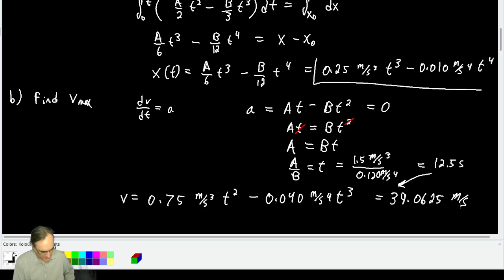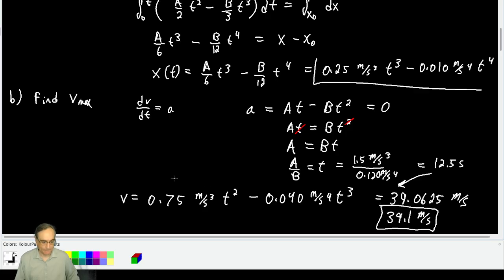There's actually a good reason to think we should be truncating it at 3 digits of precision, which would be 39.1 meters per second. We haven't really necessarily had that conversation yet. Depends on which class you're taking with me. But appropriate precision would be around 39.1 meters per second.